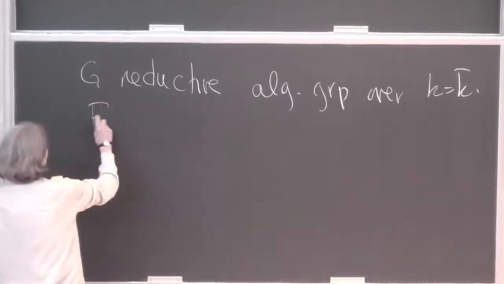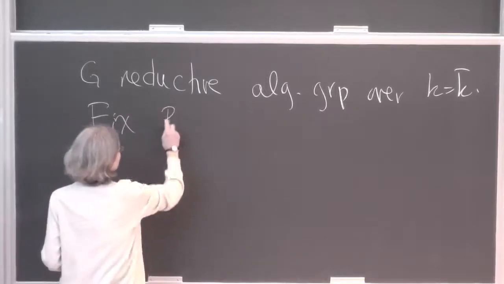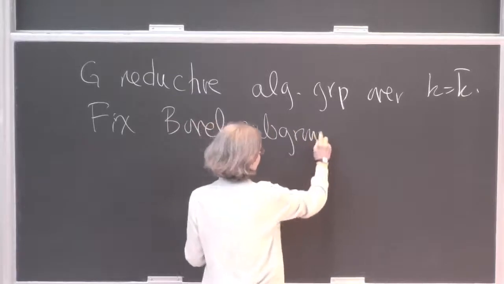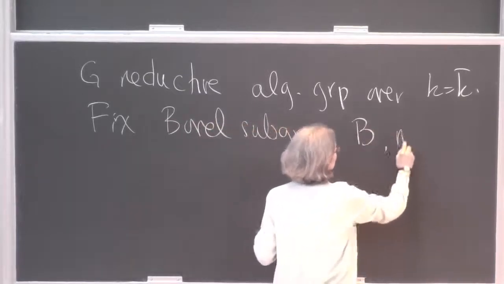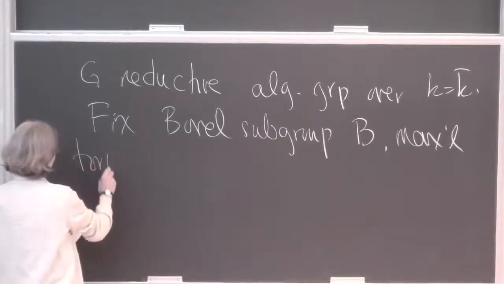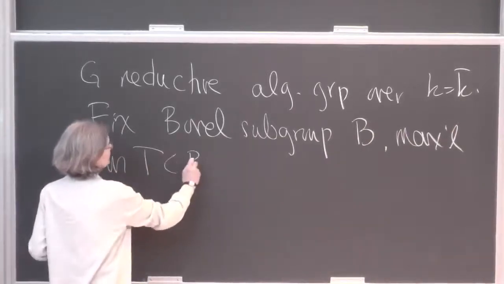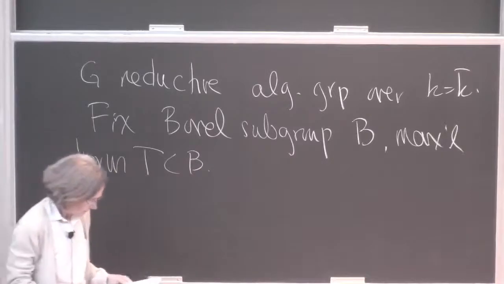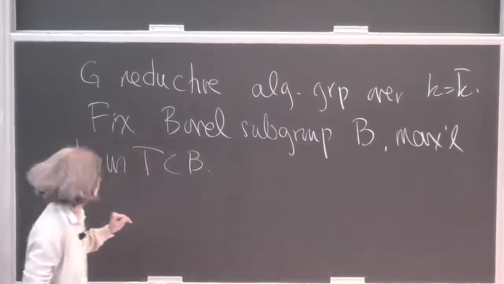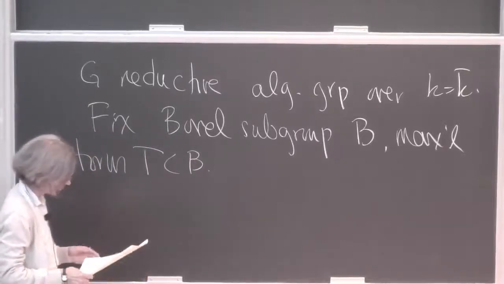So fix a Borel subgroup B and a maximal torus T contained in B. All right, so I want to introduce a set of combinatorial data that's linked to this picture here.